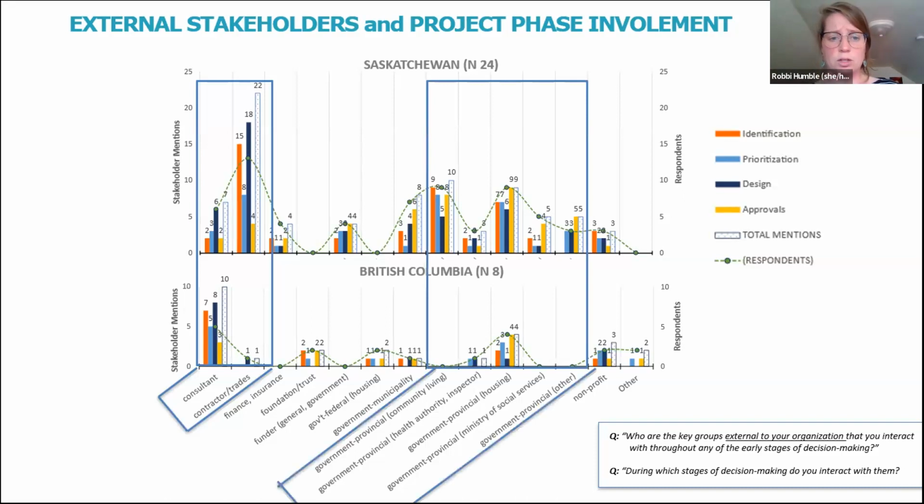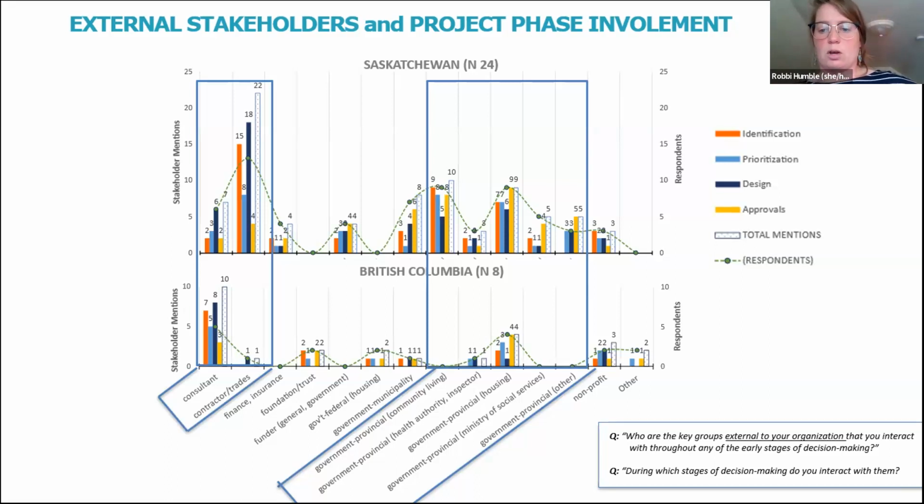And then around provincial government, I have these separated based on the different ministries or areas that were identified. So in BC, it was really BC Housing that was primarily identified, except for, I believe, the Health Authority, which was another group that was mentioned.